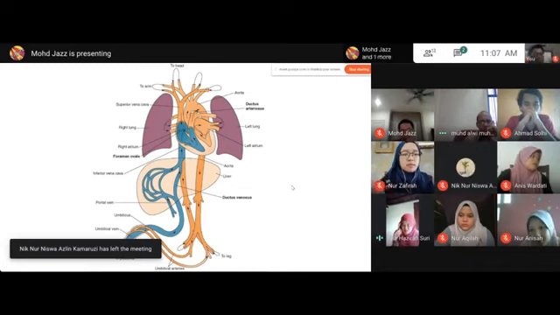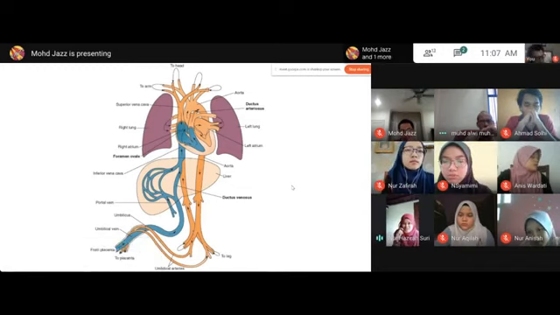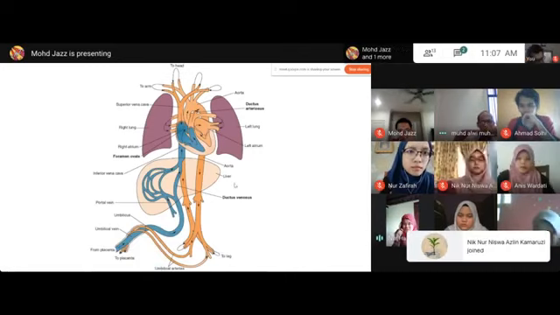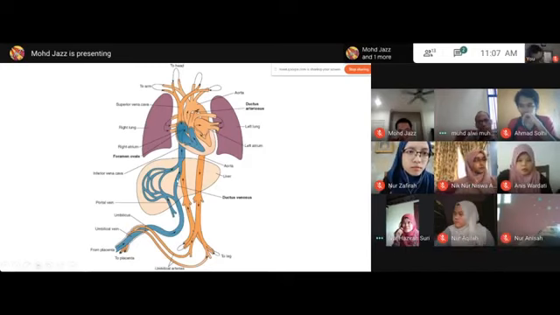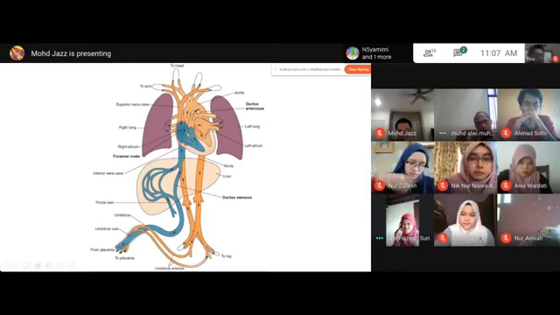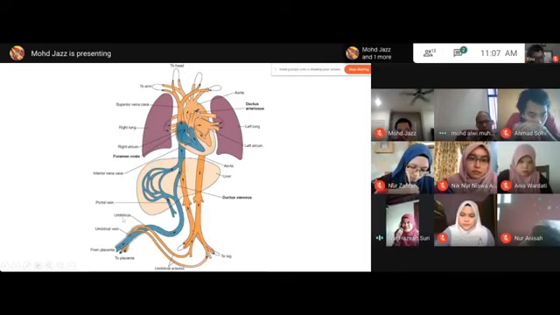So there are three cardiovascular structures unique to the fetus, which are the ductus venosus, foramen ovale, and also ductus arteriosus. These three structures act as shunts, in which they will divert the blood and bypass the lungs and the liver.